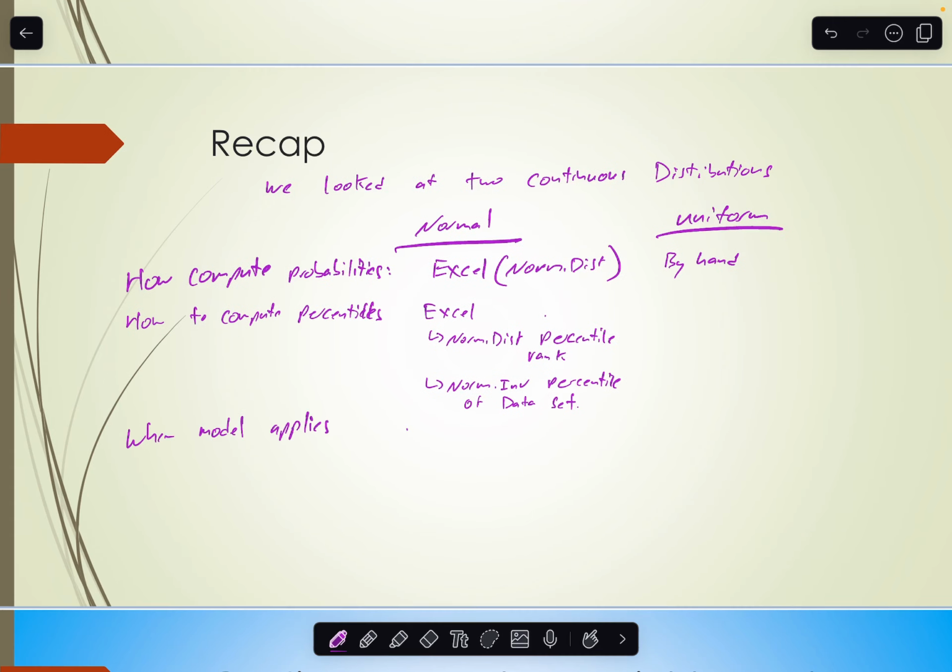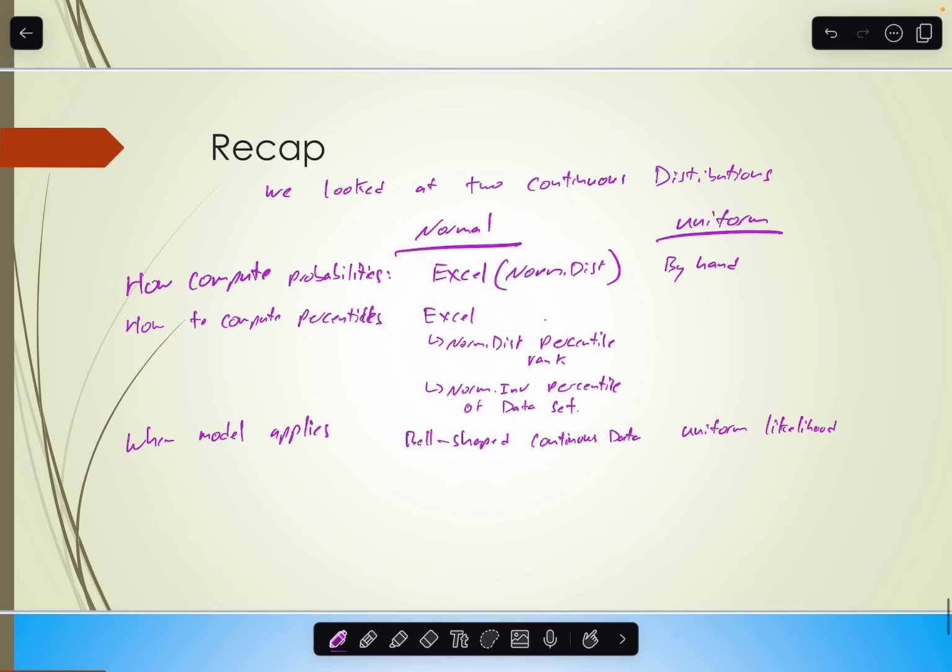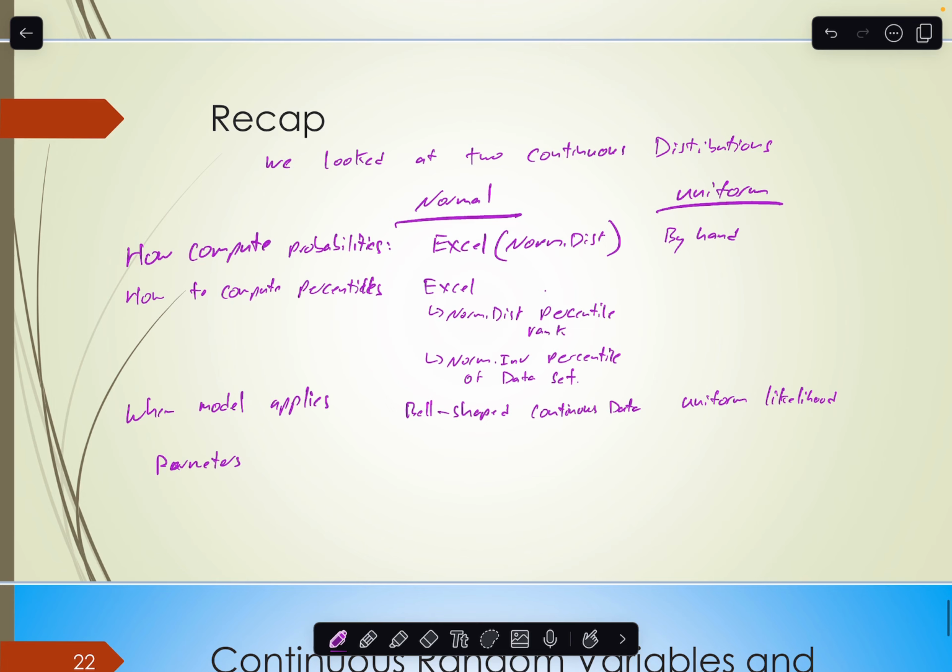We talked about when the model applies. Normal distribution applies when the histogram of the data is bell-shaped, and the uniform applies where the histogram is flat over a particular region, indicating a bit of a uniform likelihood. We also talked about the parameters for both of these probability distributions.